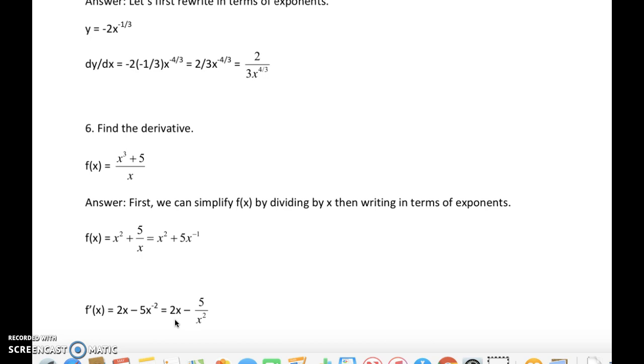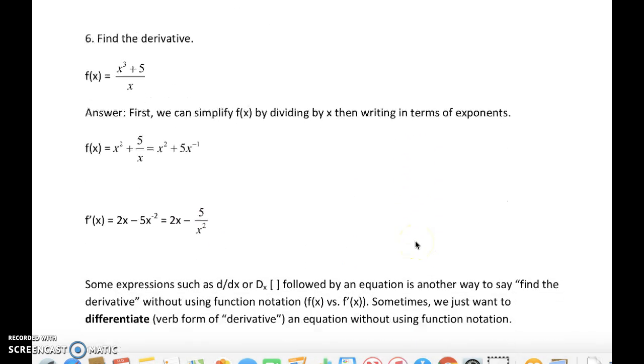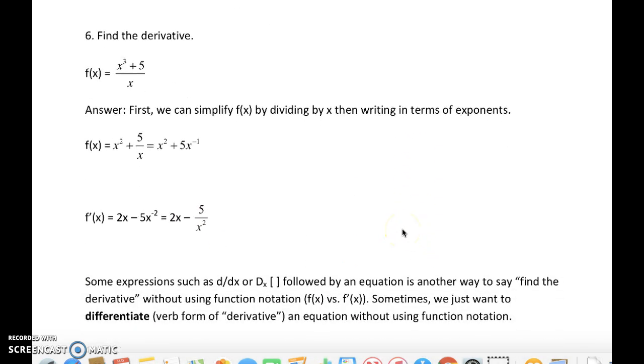So we have 2x minus 5 divided by x squared. And sometimes we have things like d over dx in parentheses. We just want to find the derivative without necessarily writing function notation.